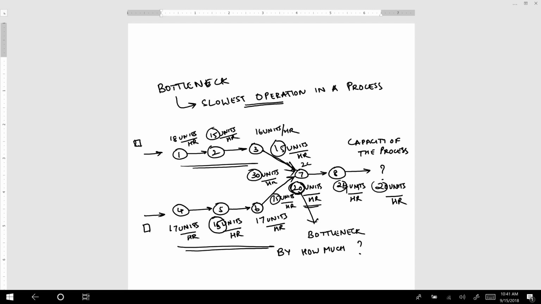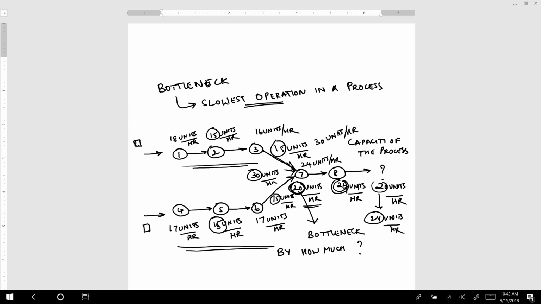We can increase operation 7 to 24 units per hour, so our output will increase to 24 units per hour. Suppose you increase operation 7 to 30 units per hour, then the bottleneck would be operation 8, so then also it will give 24 units per hour.